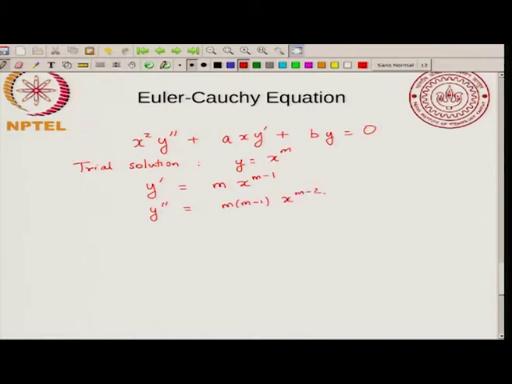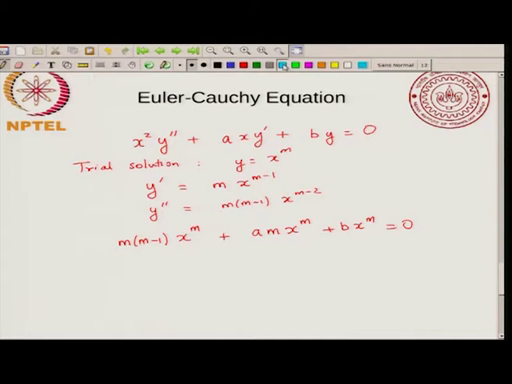Now, if you substitute in this equation, x squared times y double prime will give you m into m minus 1 times x squared times x raised to m minus 2. So, all you will get is m into m minus 1 times x raised to m, and plus a times x y prime, which is m times x raised to m minus 1 multiplied by x, giving x raised to m, and b times y is just b times x raised to m, equal to 0.